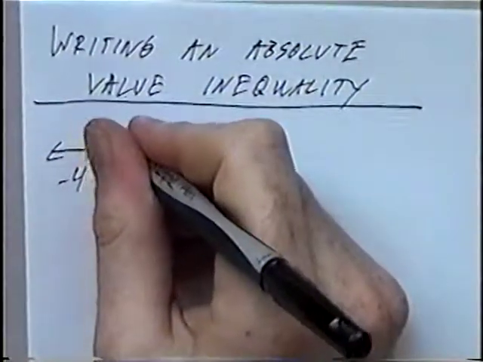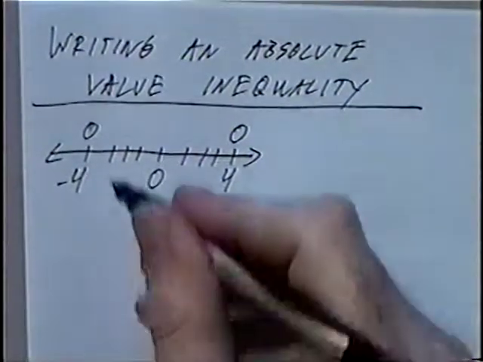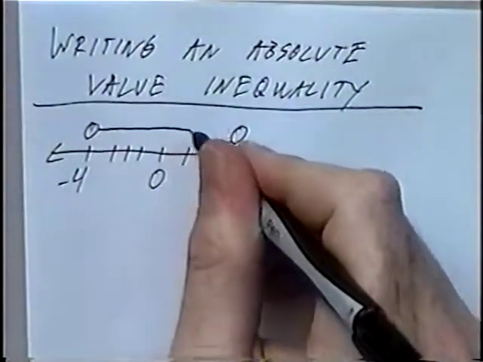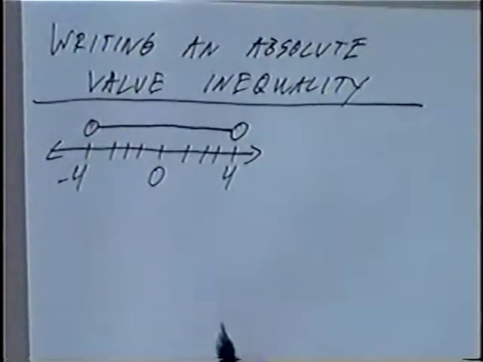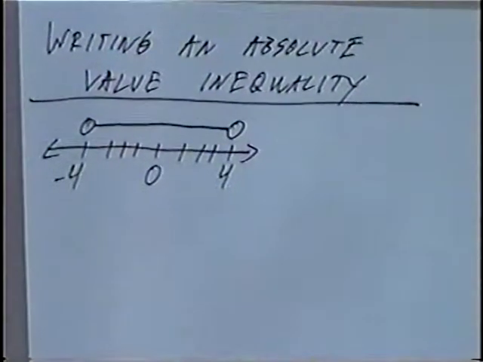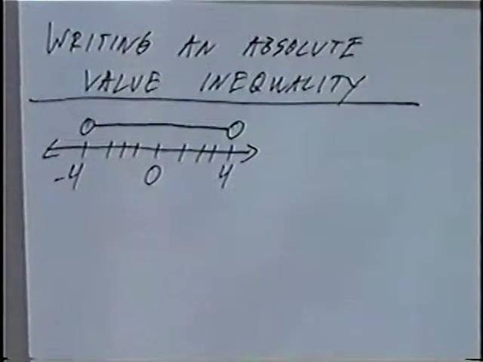Above negative 4 we have an open circle, and above positive 4 we have an open circle, and we'll connect the 2 points in the middle. Having the graph of this inequality, we can figure out what the original inequality was. To do that, we know it's an absolute value inequality since we have two numbers.